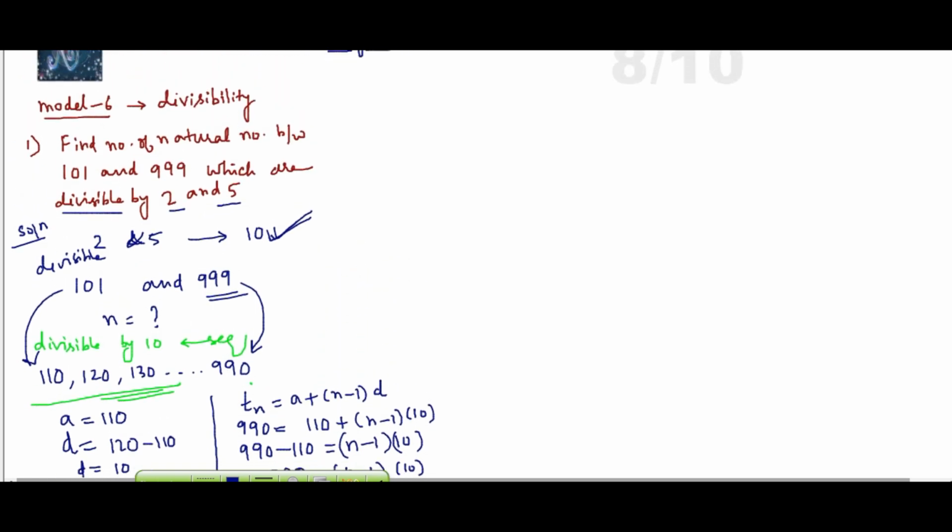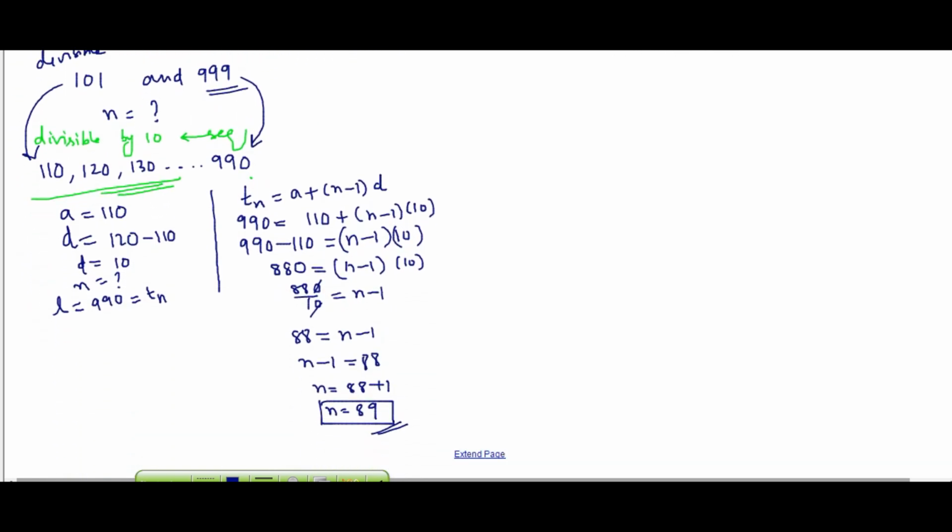So we found how many terms are there? 89 terms total are there, which are divisible by both 2 and 5. Actually we are writing divisible by 10, but try to write this sentence at the end of the solution.